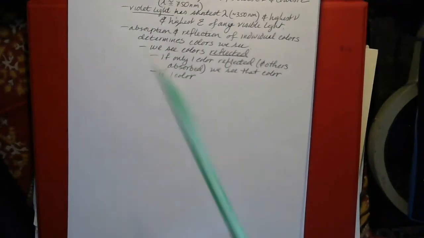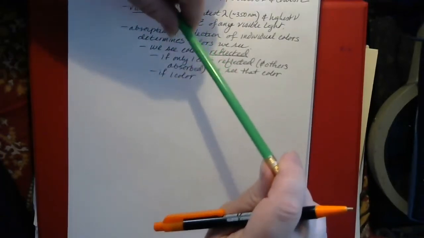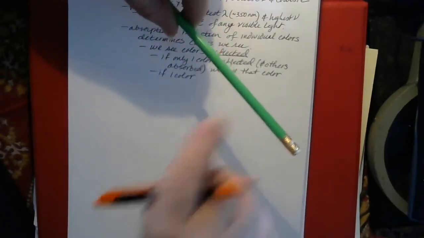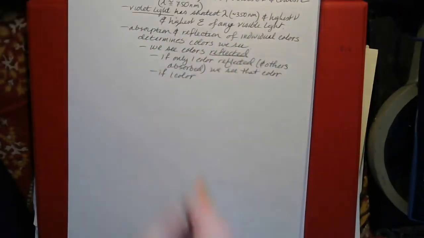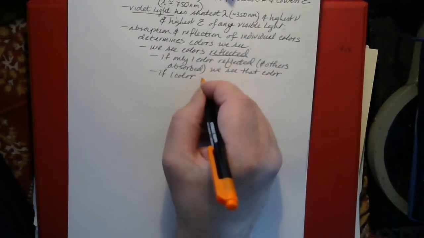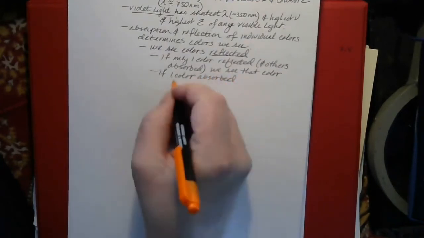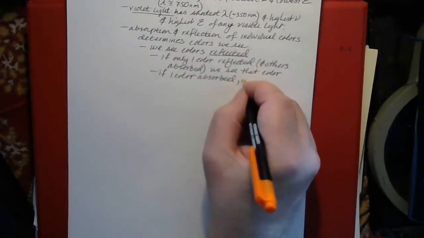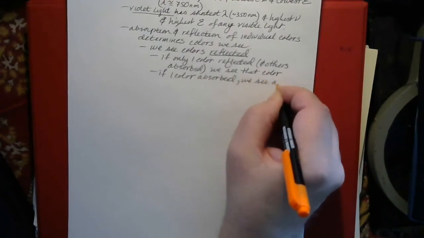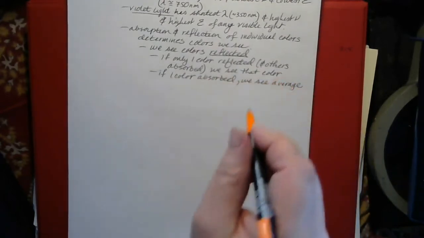It's possible that this pencil looks green because the paint on the pencil is absorbing every color in the visible spectrum except that particular shade of green. But it's much more likely the other way around. It's much more likely that there's one particular color being absorbed and we're seeing an average of all of the other colors.